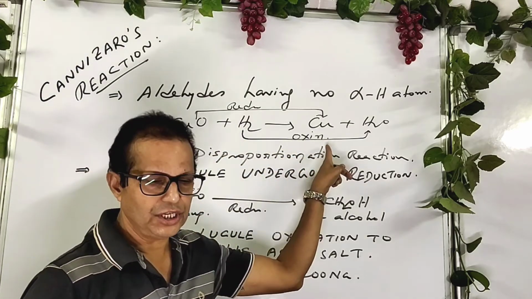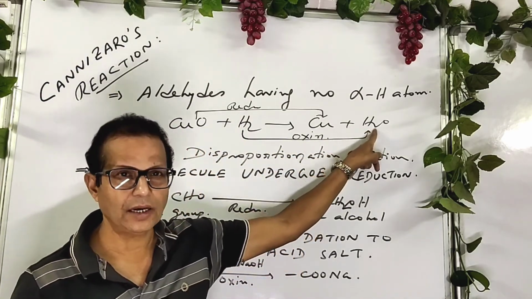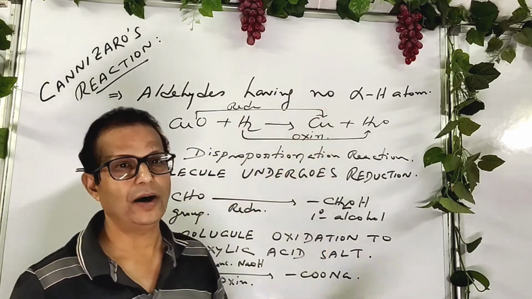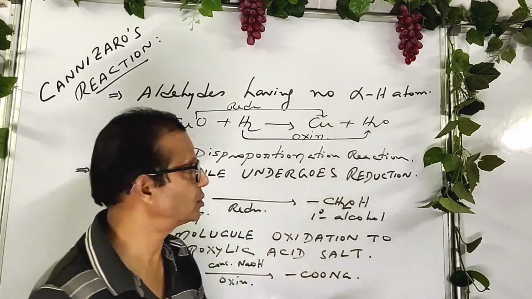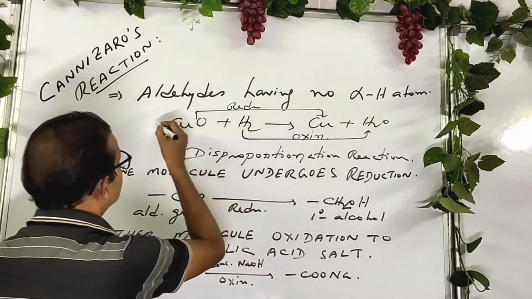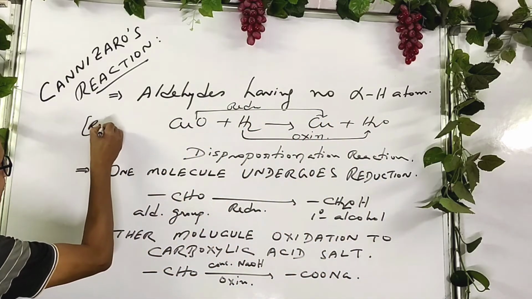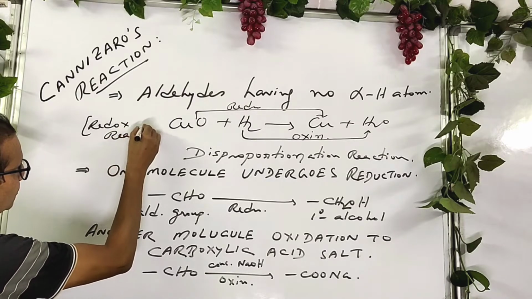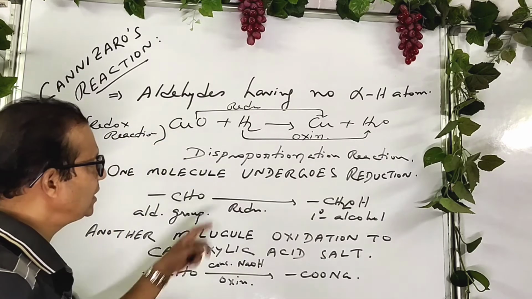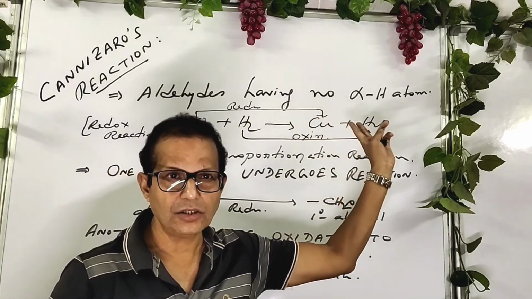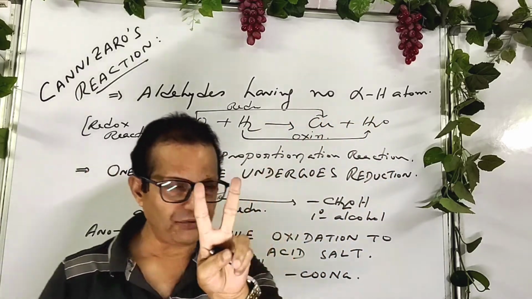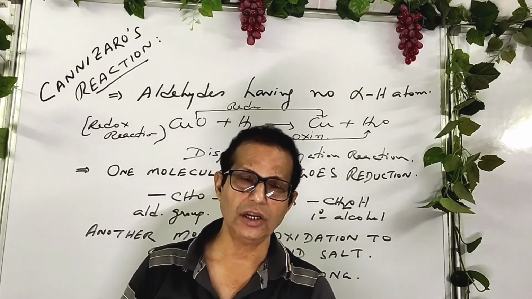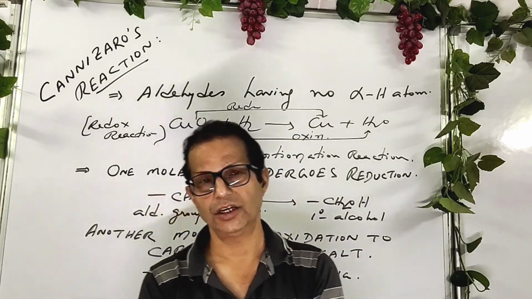Hydrogen undergoes oxidation to give water. Copper oxide undergoes reduction to give copper. This is redox. This is an example of redox reaction because two different molecules, one undergo oxidation, another undergo reduction.